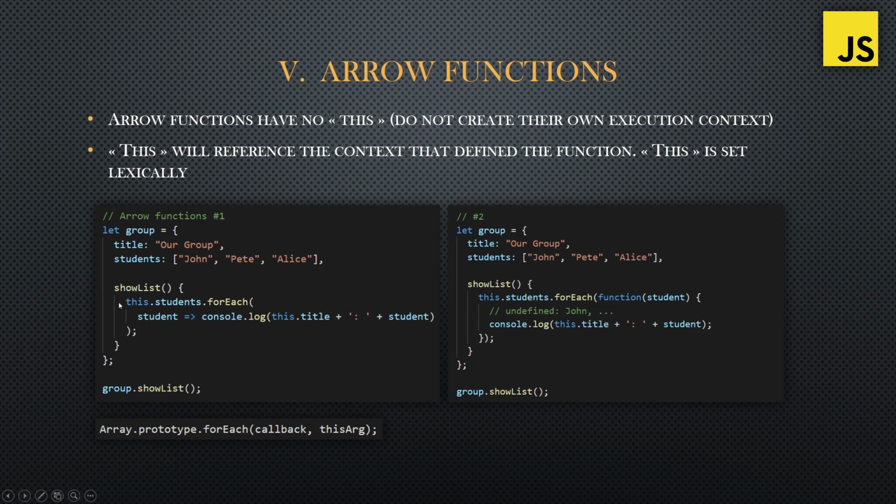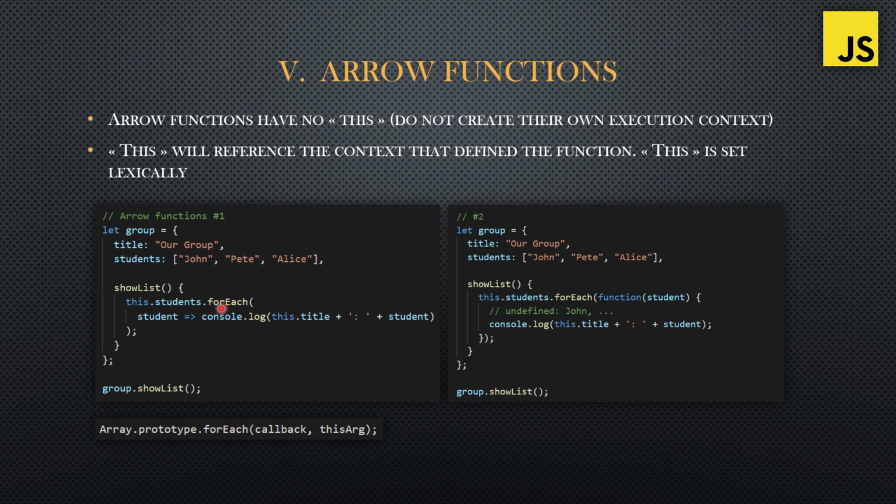So here in the first example, with a group object with a title and a student property and a method showList, the object group will be called. So the value of this will be group.student.forEach.